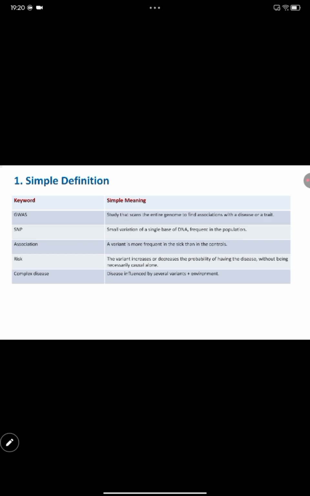Association, it is a variant which is more frequent in the sick than in the controls. And by risk, we mean that the variant increases or decreases the probability of having the disease without being necessarily causal alone. And by complex disease, we mean that the disease is influenced by several variants plus environment.